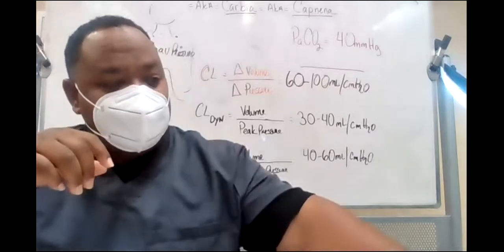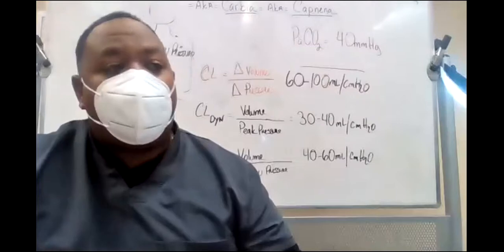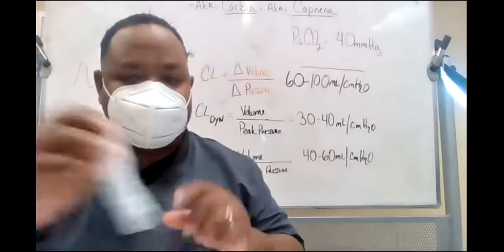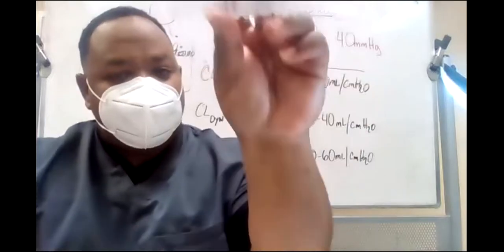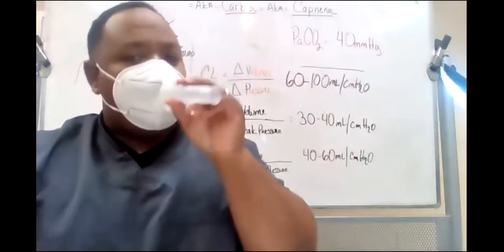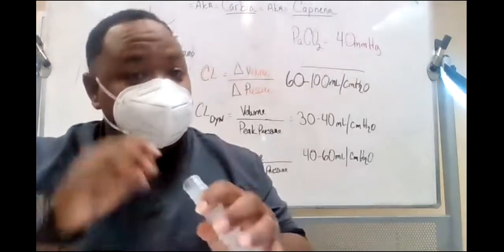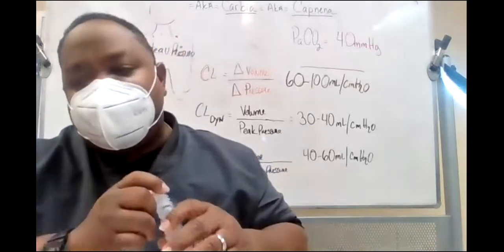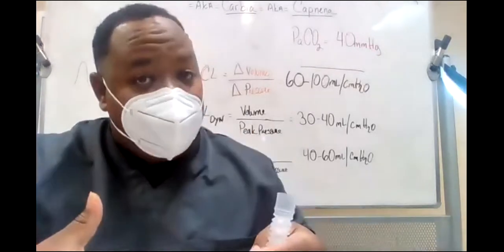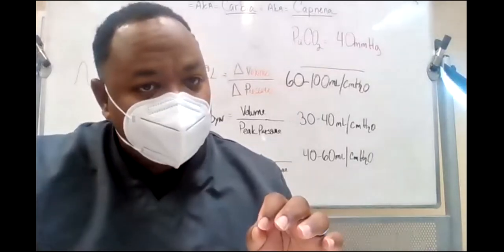So for instance, if you are breathing through a water hose, or let's just say this, if I blow some volume through this, right? The pressure that it took to put that in is going to be pretty low because it's pretty wide, right? But what if I was doing that same amount of air, the same amount of volume, into a coffee straw, right?